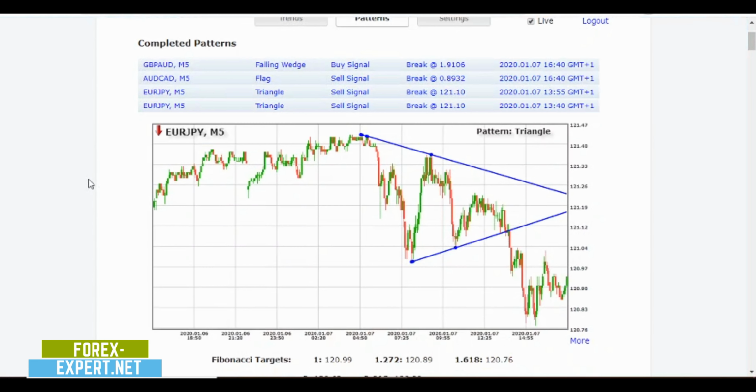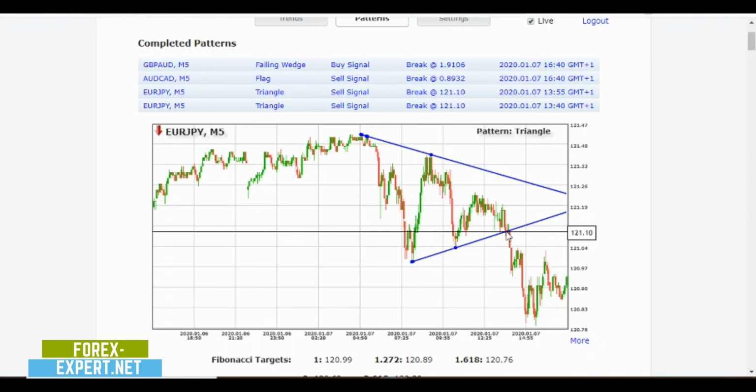The euro and the Japanese yen, we have a very nice triangle forming in this downtrend. Even though it doesn't look so good from this chart, if we look at this trade on TradingView, then the view will be clear.